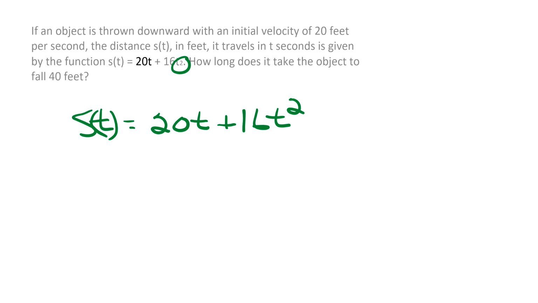All right, how long does it take the object to fall 40 feet? So that is what the distance is. The distance is s of t, so I'm going to write this up as s of t is the same as height. Remember, on this graph, we're not using x and y's.